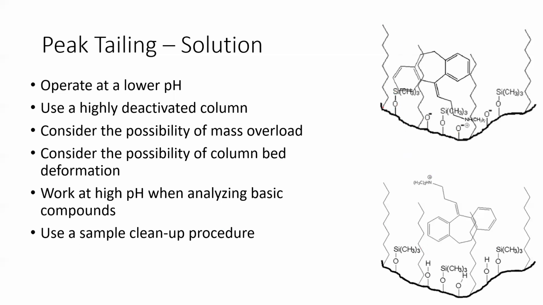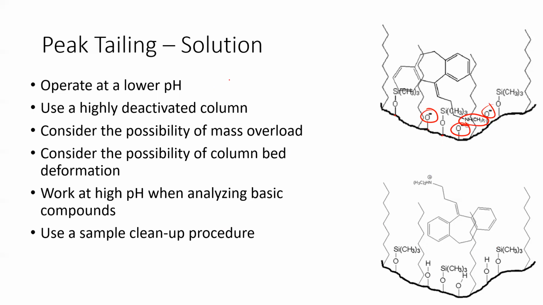And so even though that surface has been functionalized, there's still plenty of unfunctionalized silane groups. And so if we're operating at too high of a pH, those can actually sort of break off, and we just get this O minus. And these O minuses will interact with whatever positively charged thing we have.